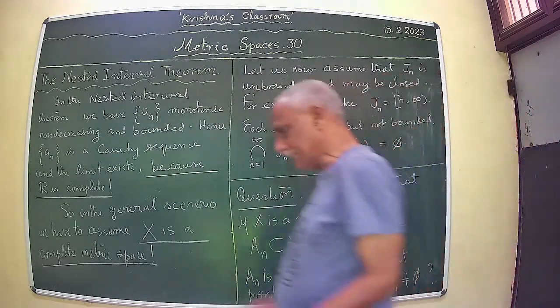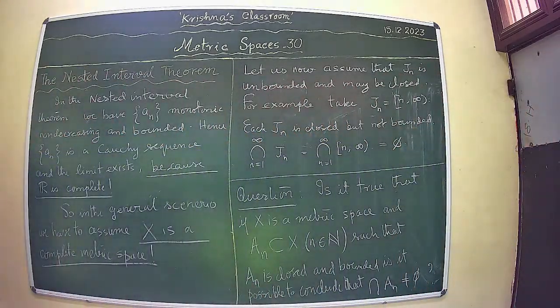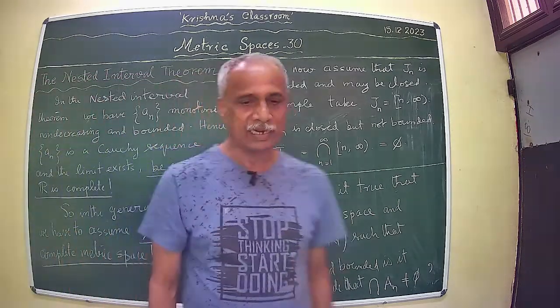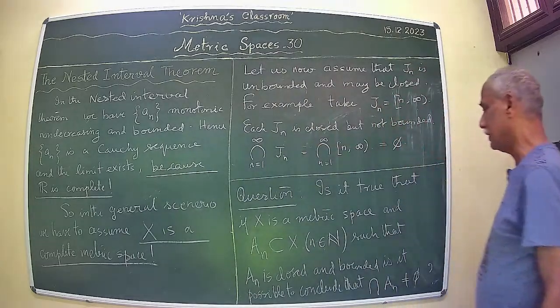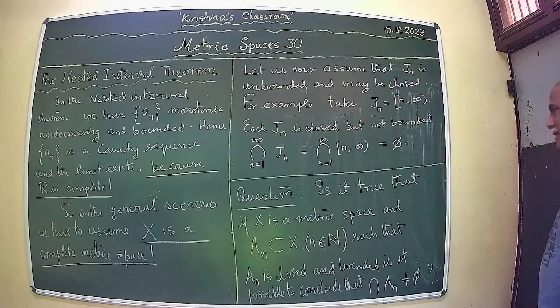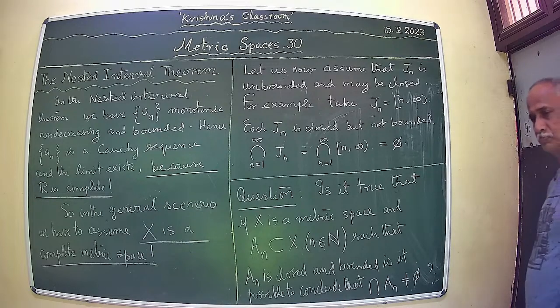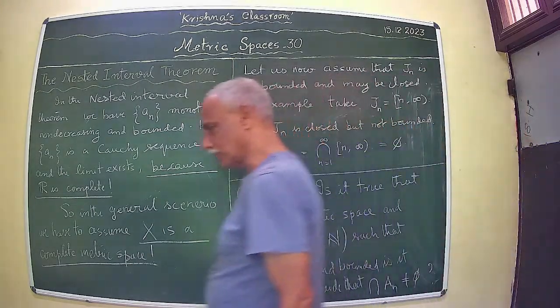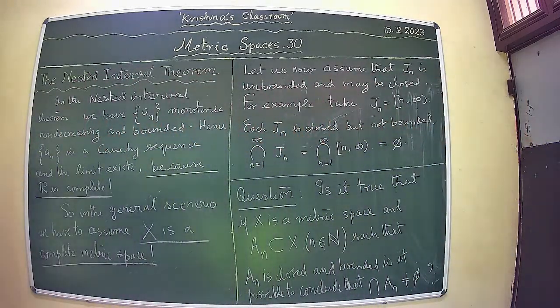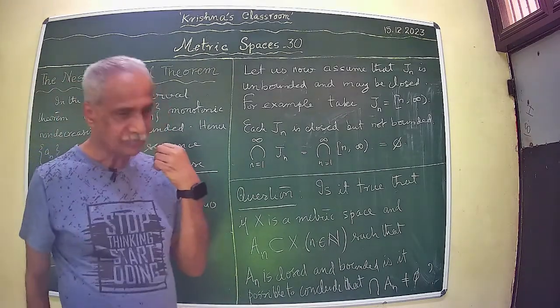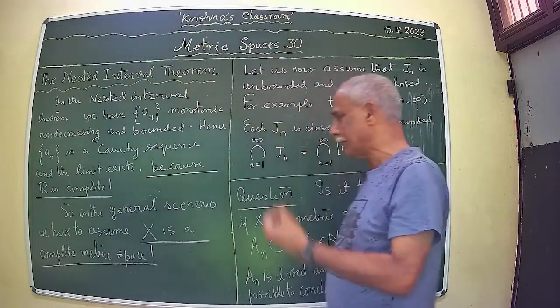Now, once again, you are asking this. Now, we are willing to make all these assumptions that An is a sequence of closed bounded subsets of X, and the metric space X is complete.